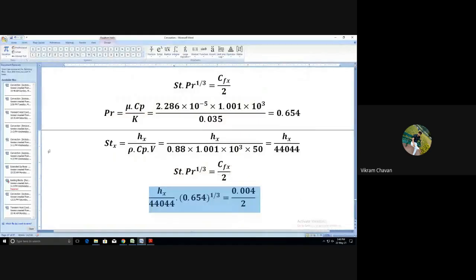Everyone, please keep your calculator with you while attending heat transfer lectures and try to solve the problems.